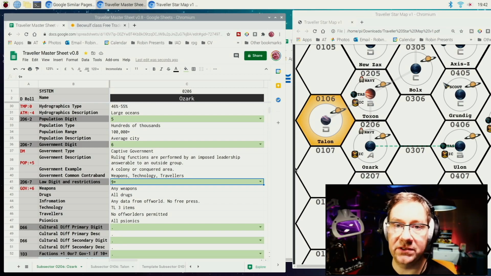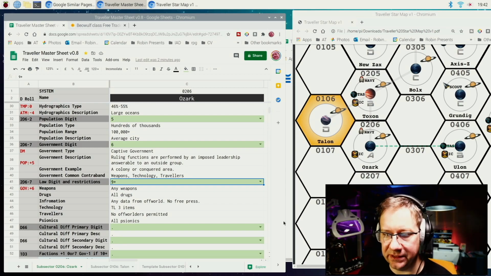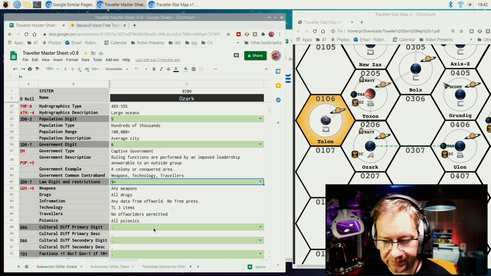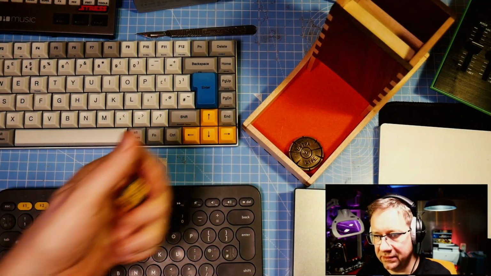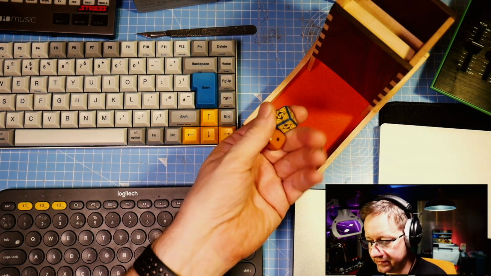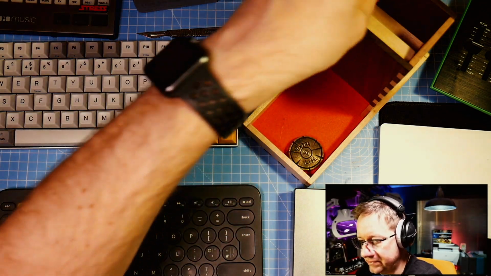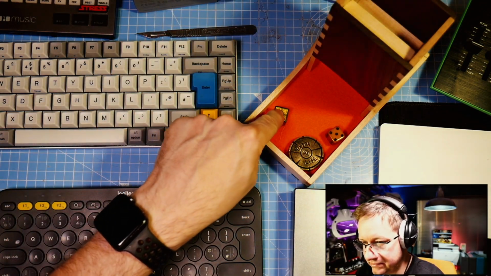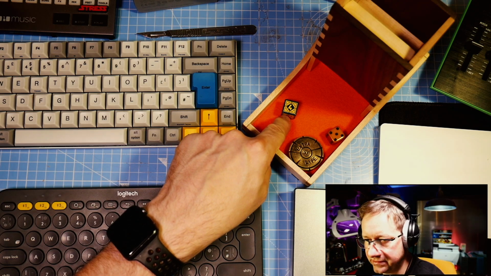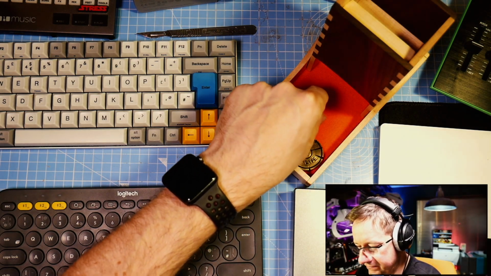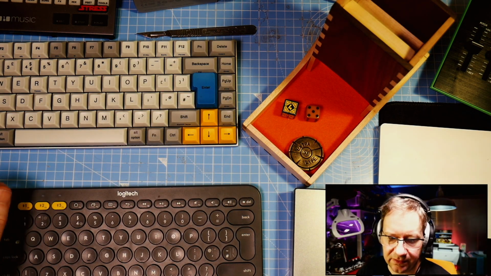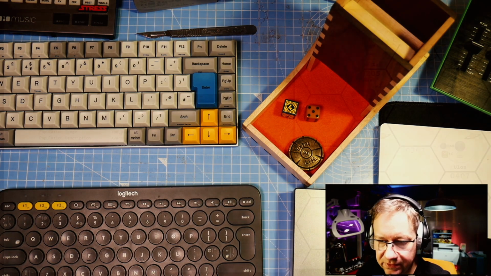So the next bit's very interesting. Going to look at the cultural aspects here. So it's a D66. I use the dark high for a D66, so starting with that blue, you take that as a 40, and it's a 45. So let's have a look what that comes up with.